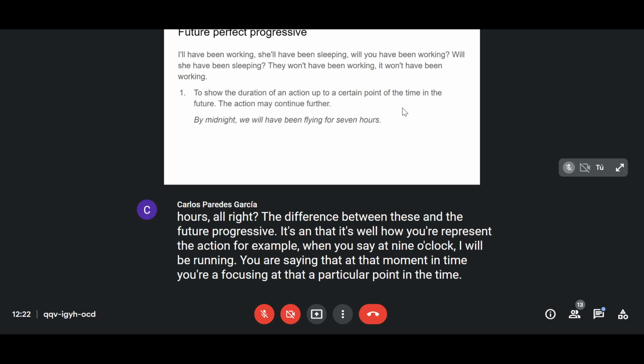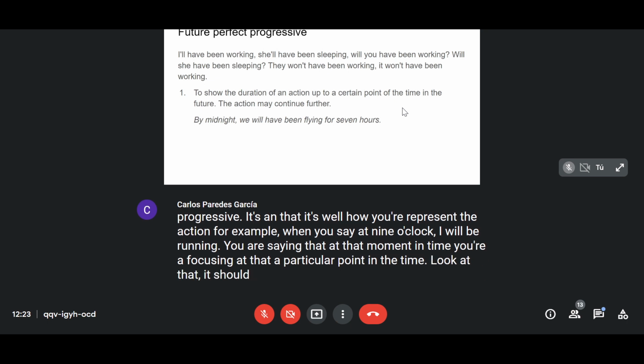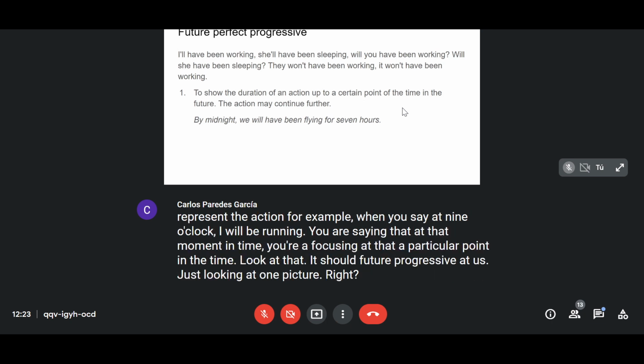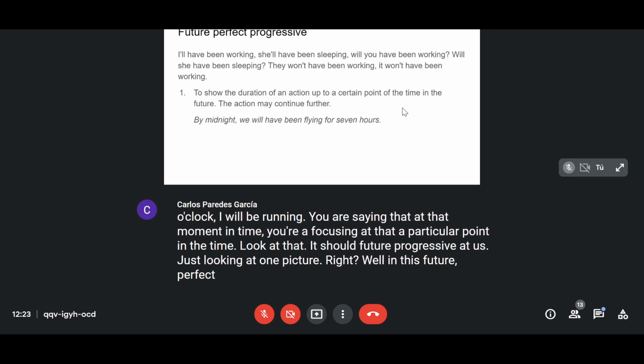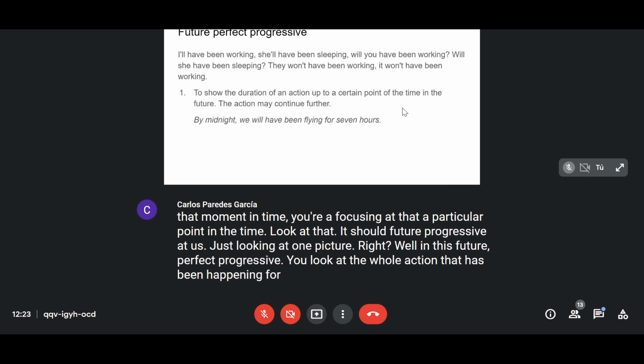You look at this future progressive as just looking at one picture, all right? While in this future perfect progressive, you look at the whole action that has been happening for a long time, and you see the whole thing.